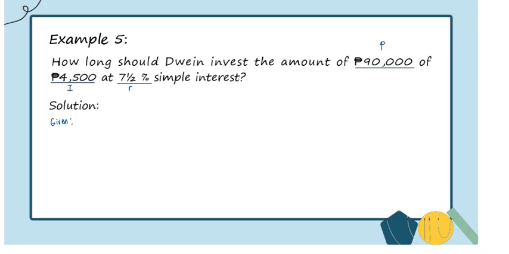Let me write down those values for the given. P is 90,000 pesos. Interest is 4,500 pesos. Our rate of interest is 7.5%. Let's see if these values are of the form that we could use in the formula. In this case, our R is in percentage form, so we have to convert this value first into decimal form.